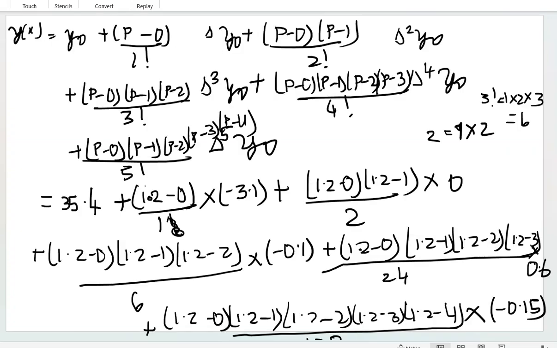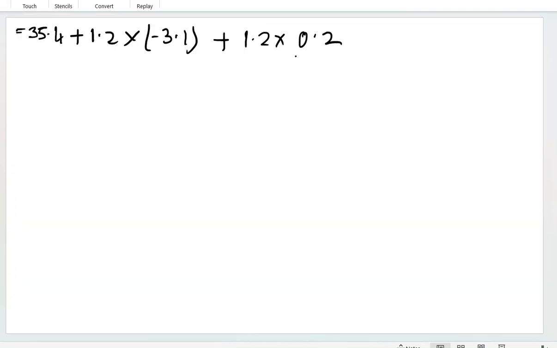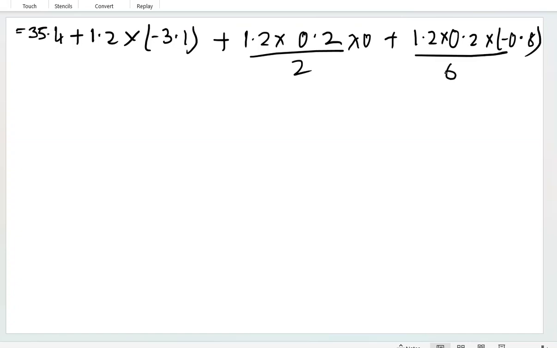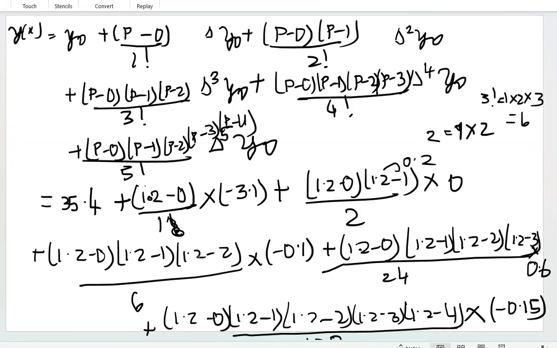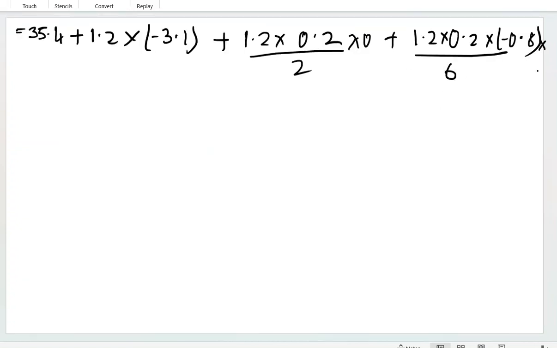See, 0.2 is obtained using 1.2 minus 1, this value is 0.2. Similarly, we get 1.2 into 0.2 into minus 0.8 upon 6 into minus 0.1. See, this is minus 0.8 into minus 0.1.